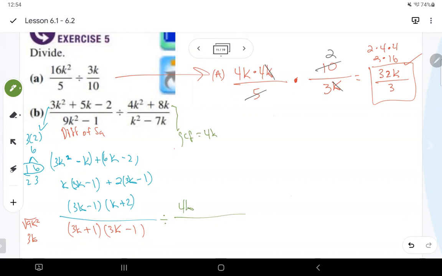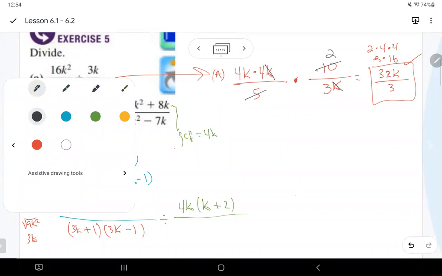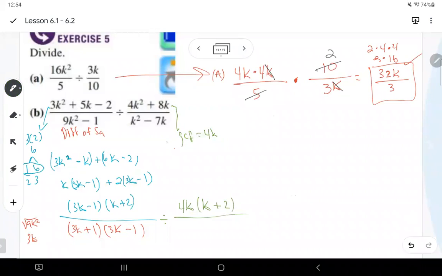So if we pull out 4k, we'll have k, k plus 2. Okay. And then the last piece, this one's another GCF. It's a GCF of k. So we're going to pull out a k, and it'll be k minus 7.